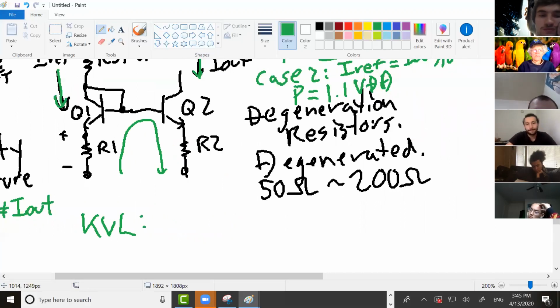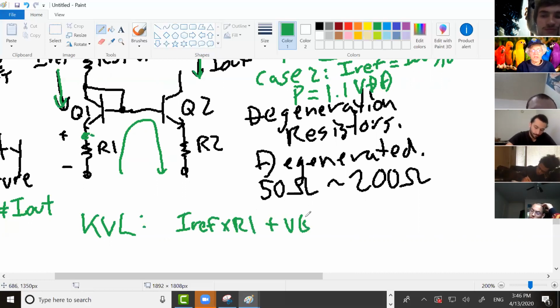Right, so this KVL, what's the voltage from ground to this node? I ref R1. And then we have the VBE of Q1. And then that brings us to this node. And now we have to go down the other side.